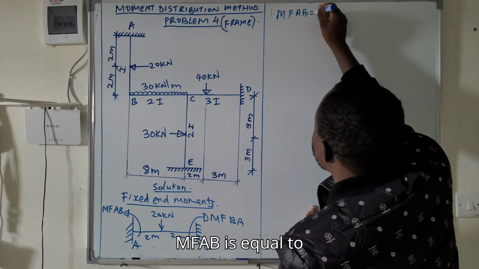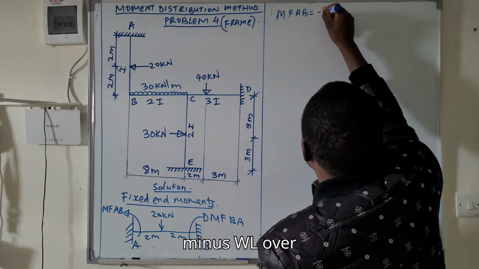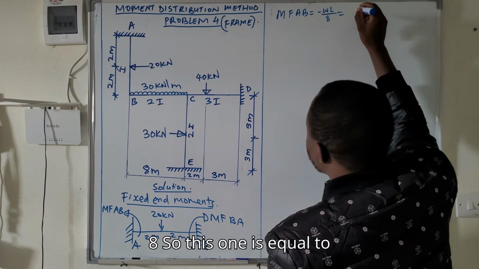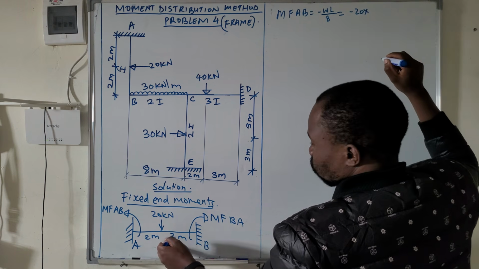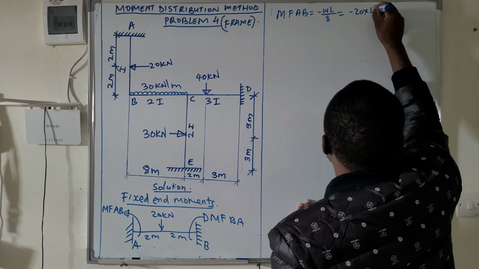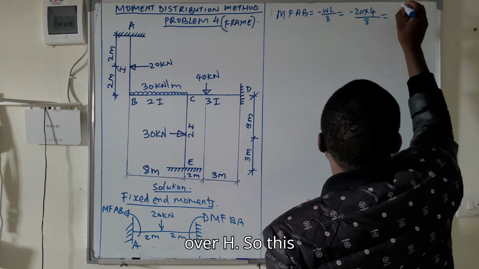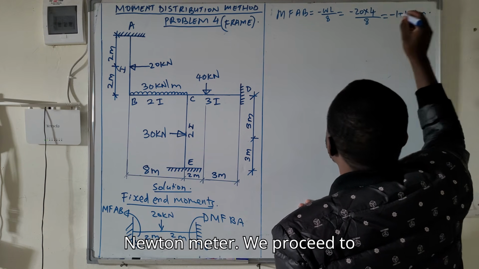MFAB is equal to minus WL over 8. So this one is equal to minus 20 times L, 2 plus 2 is 4, over 8. So this one is negative 10 kilonewton meter.